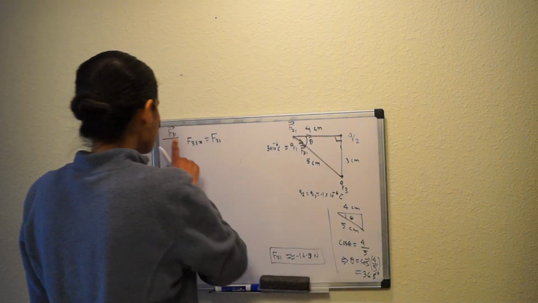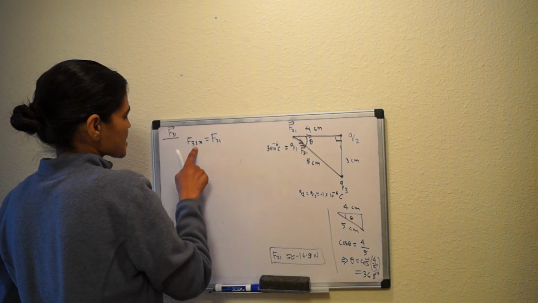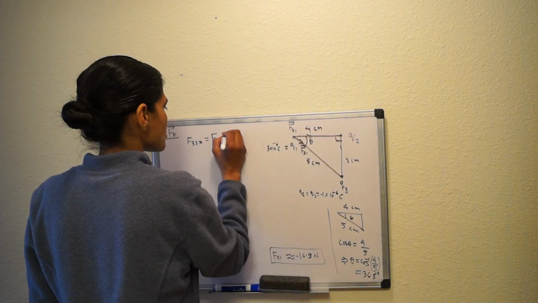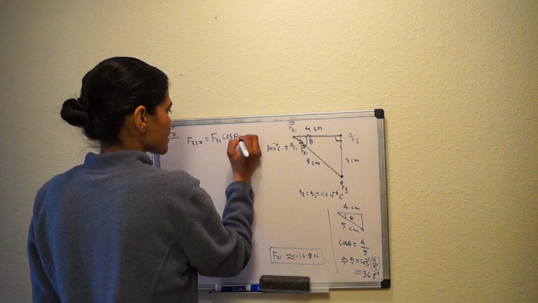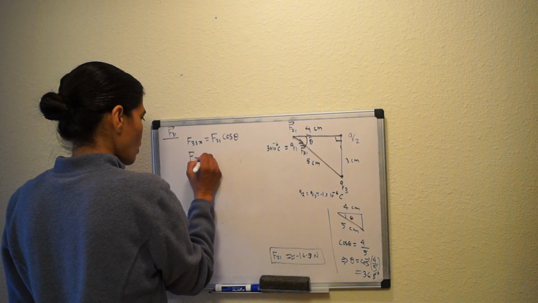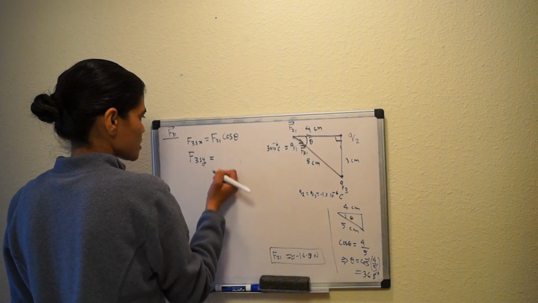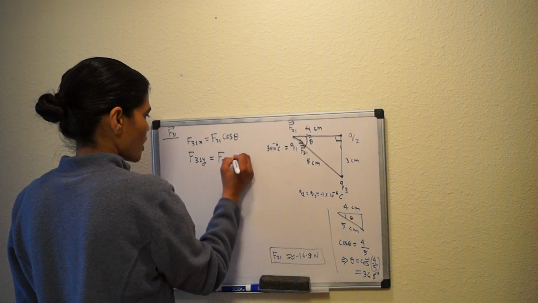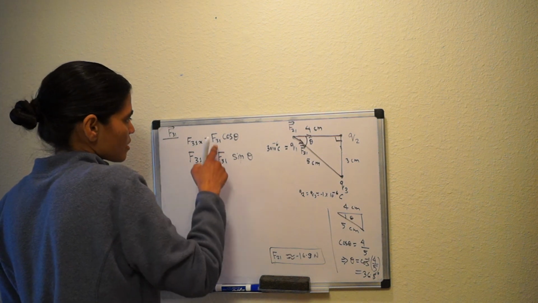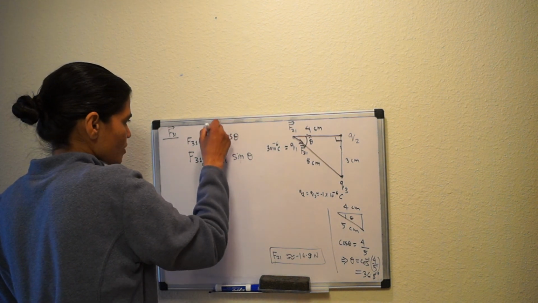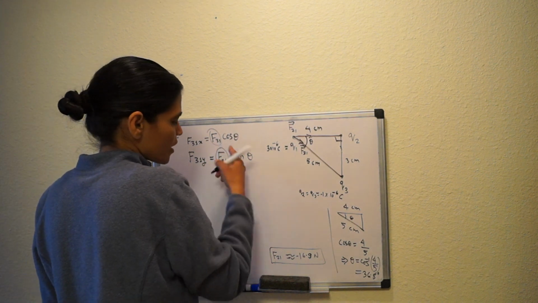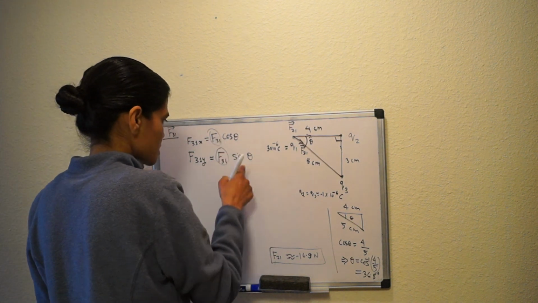Okay, so now this force F31 along the x-axis is what? F31 cos theta, right? This is along the x-axis. F31y would be what? F31 sine theta, okay? Now you see the force magnitude is the same for these two, so we want to compute it only once, and then we have to do theta twice because this is cos and this is sine, okay?